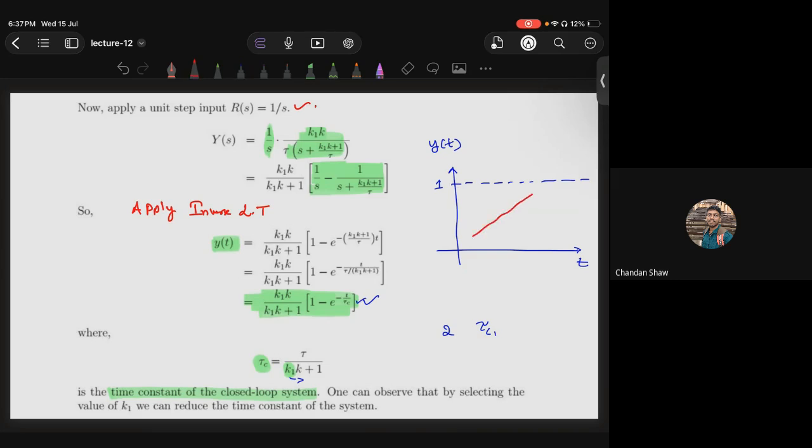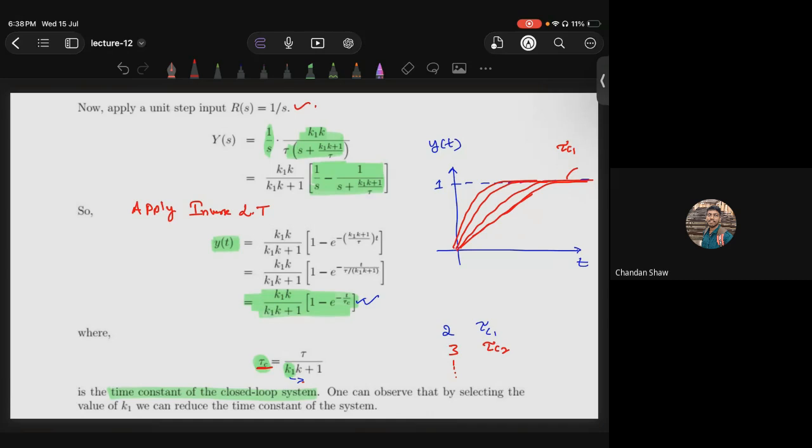Let us say that response is something like this. This is for tau C1. Next, take K1 is equal to 3. So tau C2. You might get a response something like this. As you increase the value of K1, what happens to the tau C? It reduces. Correct, yes, because it is inversely proportional. So you will get something like this.